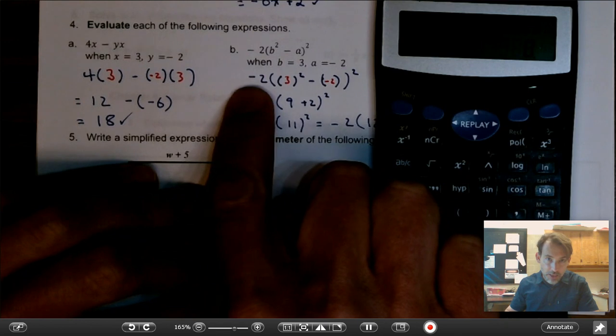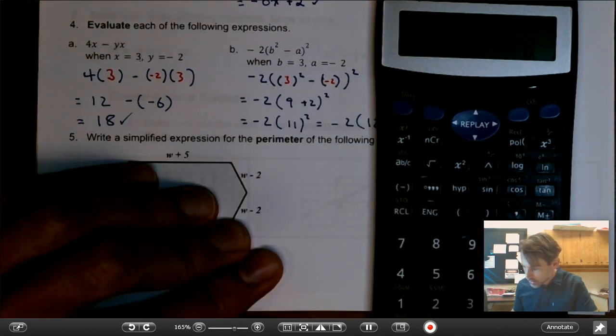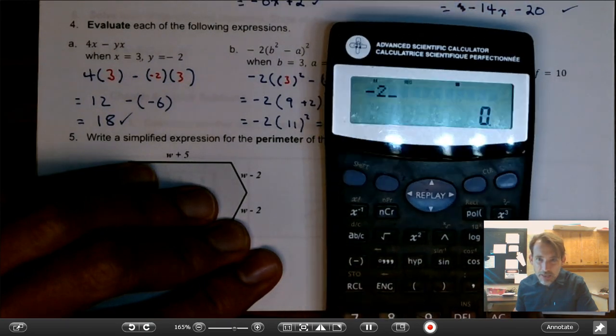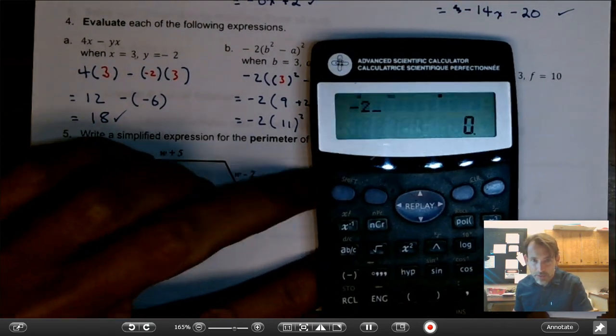So I'm going to plug in at that layer, and I'm going to go minus 2. I just need to prop it up a little bit.